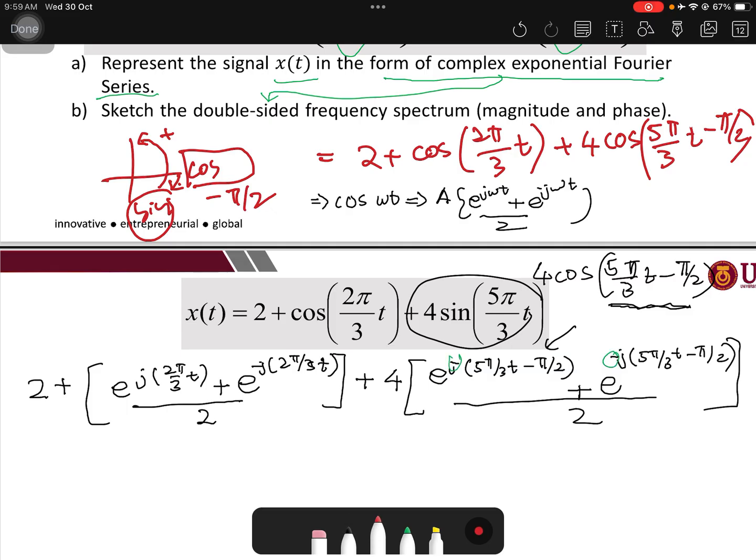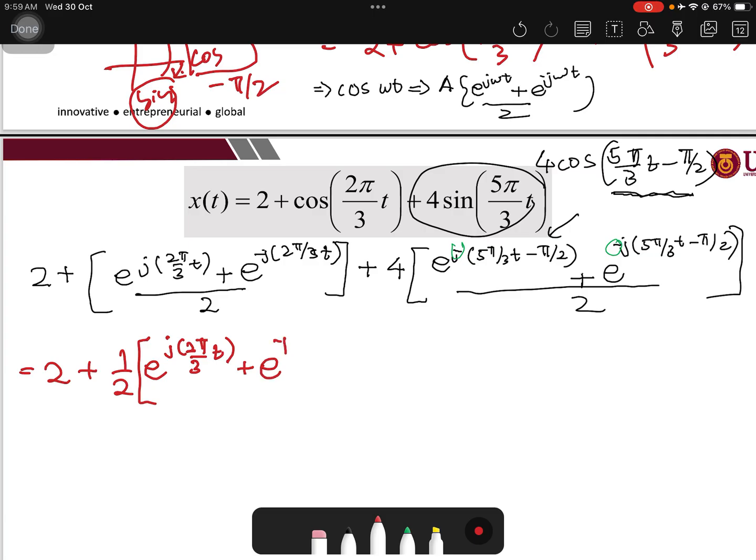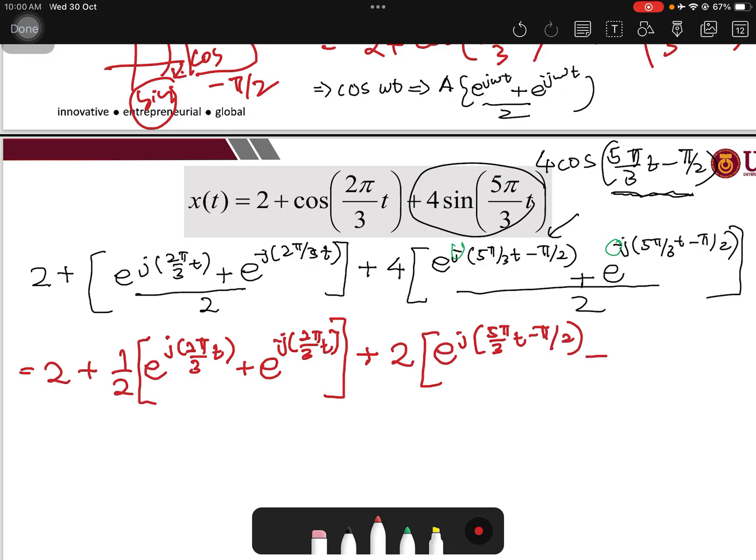Now you can simplify. It becomes 2 plus 1 over 2 exponent j 2π/3 t, plus exponent negative j 2π/3 t, plus 4 over 2, exponent j(5π/3 t − π/2), plus exponent j(5π/3 t − π/2) with the minus following the cos.